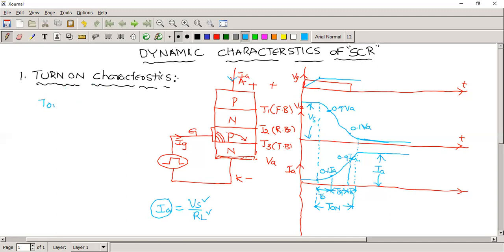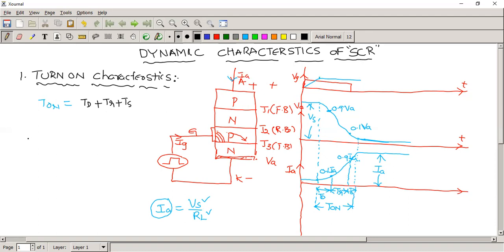Now turn on time, T on, equal to delay time plus rise time plus spread time. Now how are we going to define this delay time?